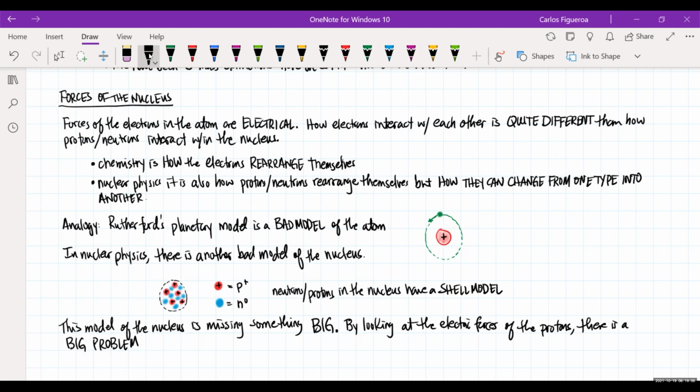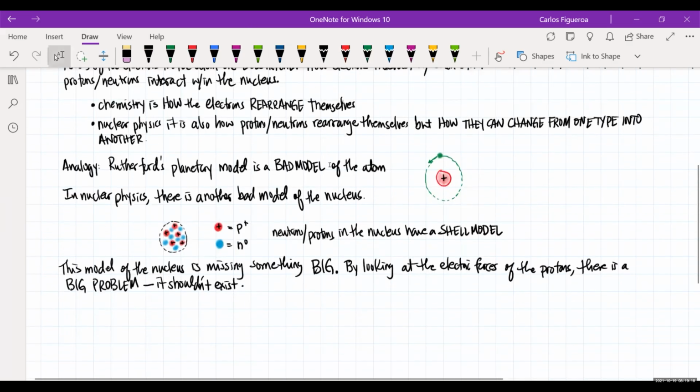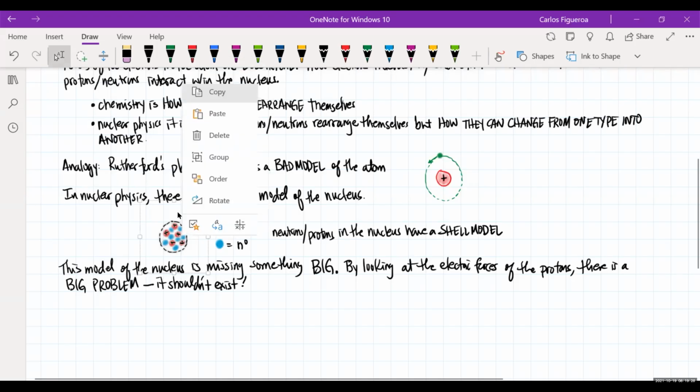And the big problem is it shouldn't exist. Okay, it shouldn't exist. Right? So when I'm looking at this, it shouldn't exist. So if I think about this, let's take this image of our bad nucleus model.